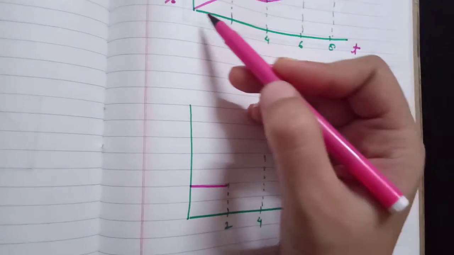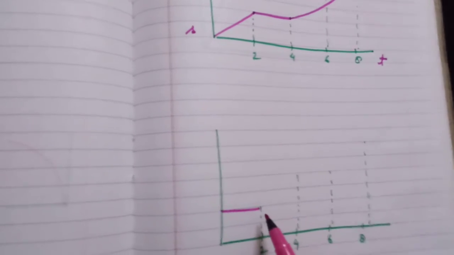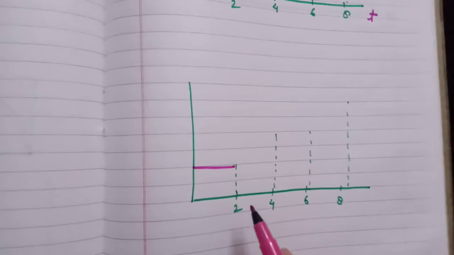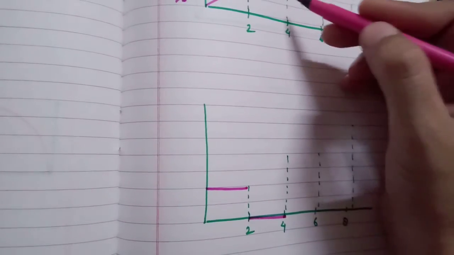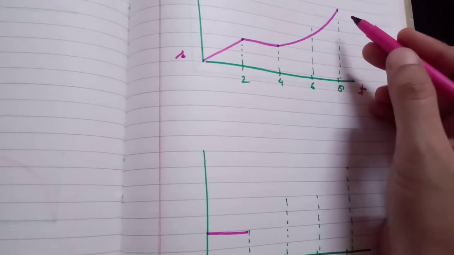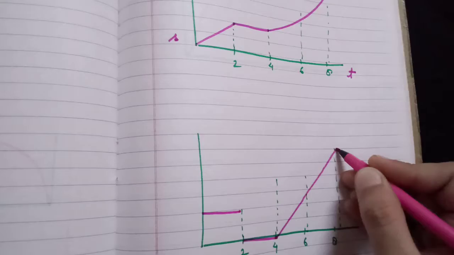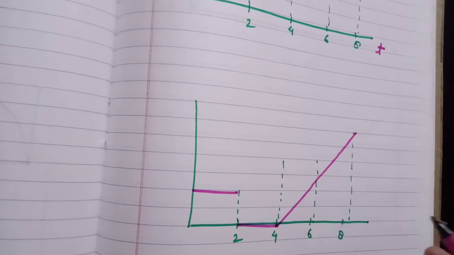Here displacement increases, so here velocity is constant. Here displacement is constant, so here velocity is 0, and at the next level displacement increases, so the velocity increases like this. This is according to the trick which I told you.